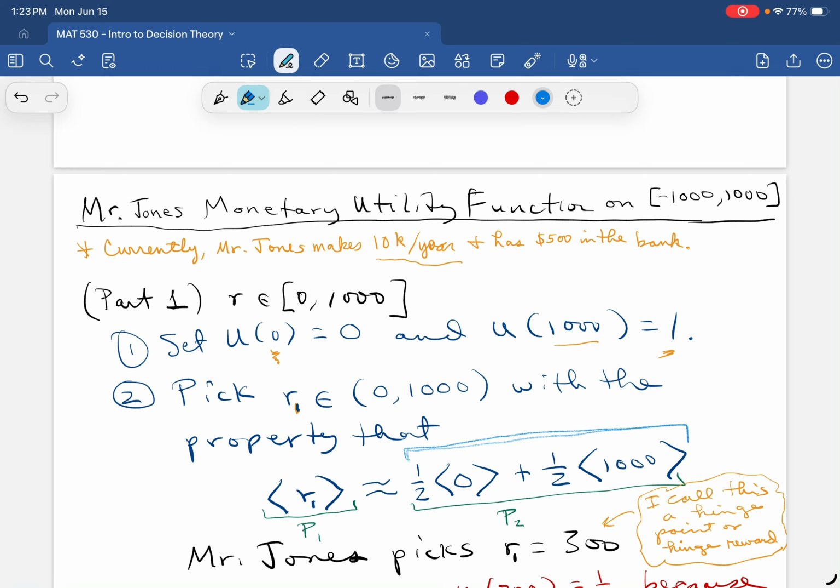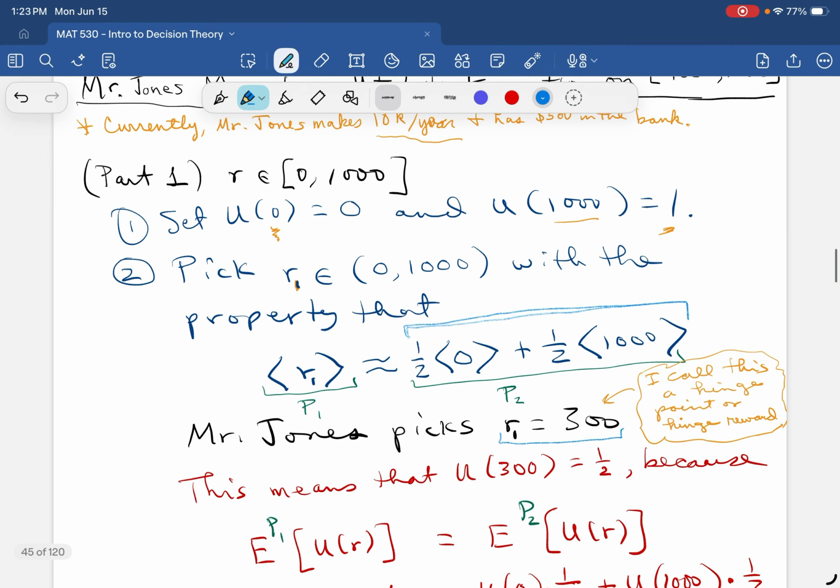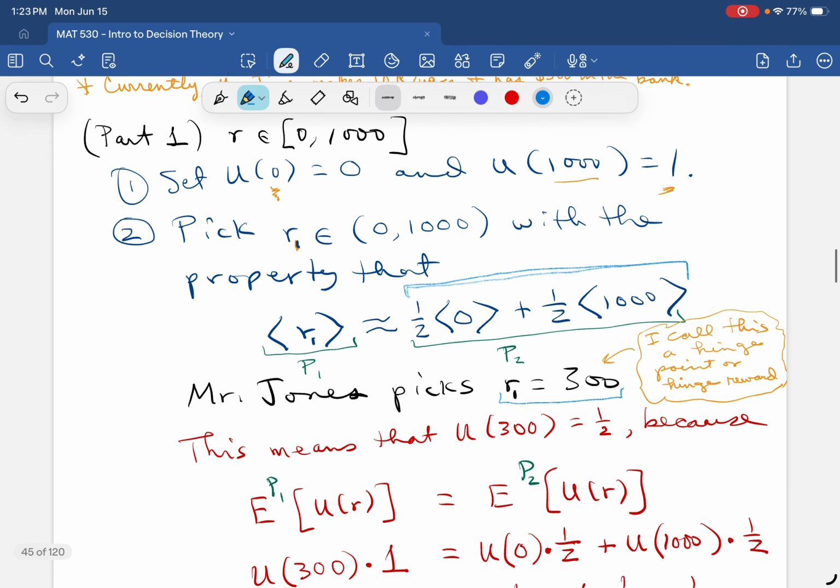So let's say that Mr. Jones chooses R1 equal to 300. So to Mr. Jones, that ticket is worth $300. If he could just sell it for $300, he would take the money and let whoever play it or do whatever they want with it. So this means that the utility that he assigns to 300 is 1/2.